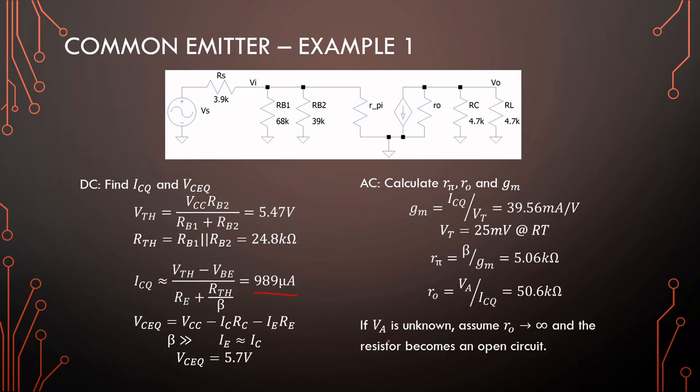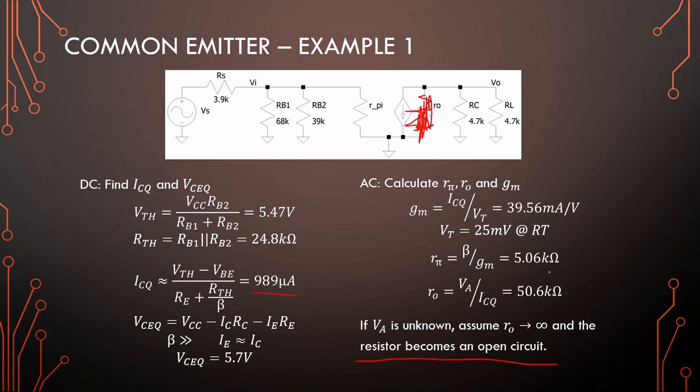Just a note, if your early voltage is unknown to you, just assume that R out goes towards infinite, and then this resistor will disappear from your model because then it will be an open circuit. This is a typical assumption when you're doing a design, is that R out is not part of any of your design parameters.